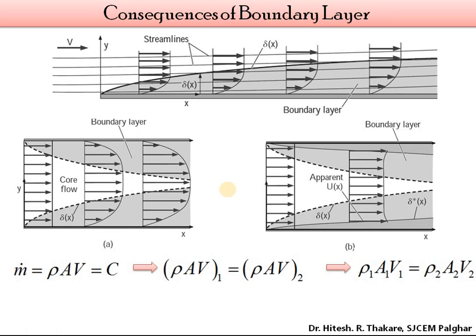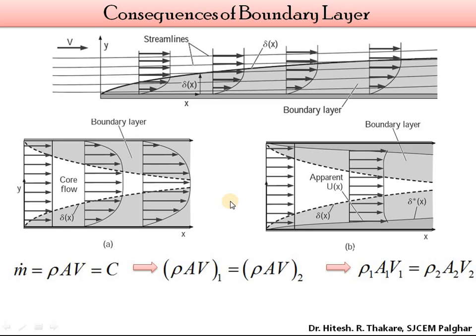Now, what is the problem with acceleration of the flow? What is the problem with an increase in velocity? This becomes particularly important, let us say, when you are pumping oil through the pipe. Oils have very high viscosity. So because of the formation of the boundary layer, the velocity of the oil has to be increased through the pipe.